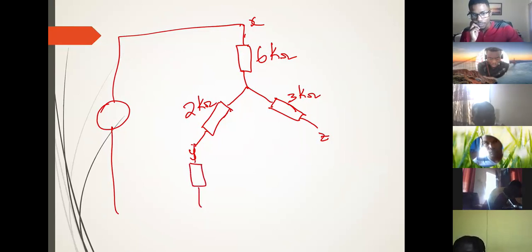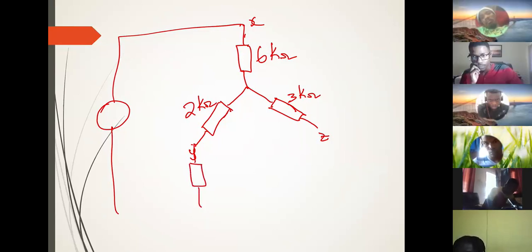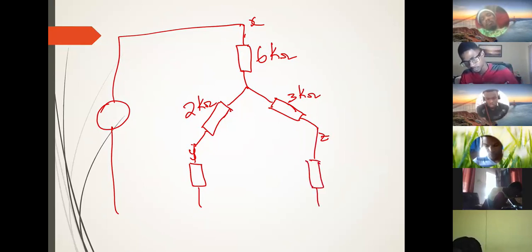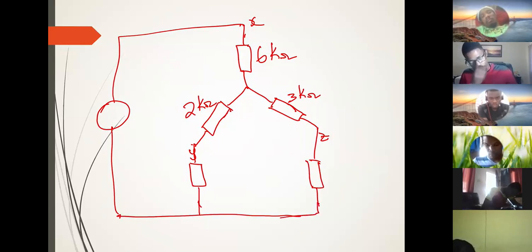And for Z? 9K. All right, and these were all connected back here, right? So you had 4K and you had 9K.